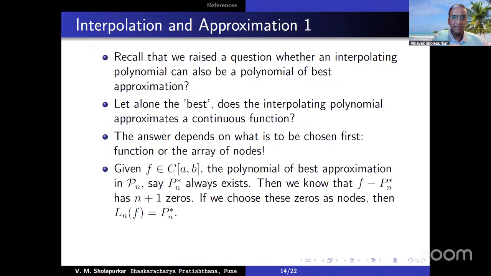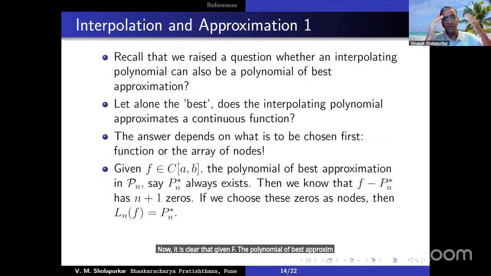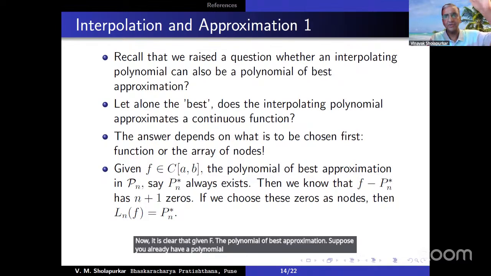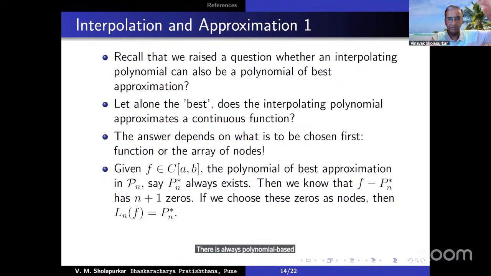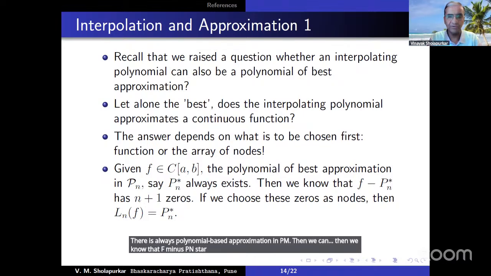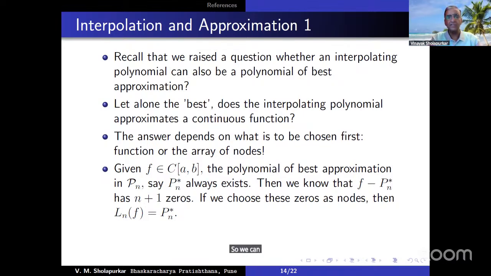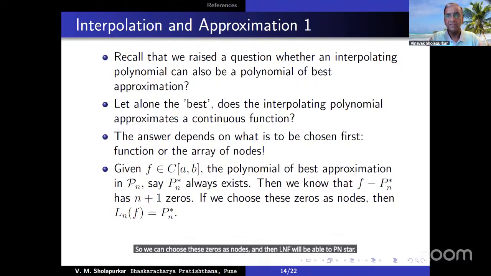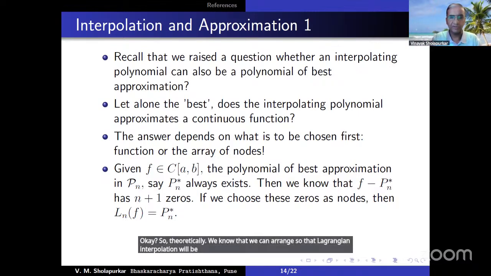Now it is clear that given f, suppose you already have the polynomial of best approximation, which is assured. There is always a polynomial of best approximation in Pn. Then we know that f minus Pn star has n plus 1 zeros. So we can choose these zeros as nodes, and then ln f will be equal to Pn star. Okay. So theoretically, we know that we can arrange it so that Lagrange interpolation will be the polynomial of best approximation.